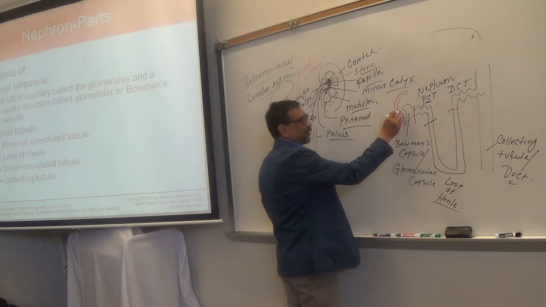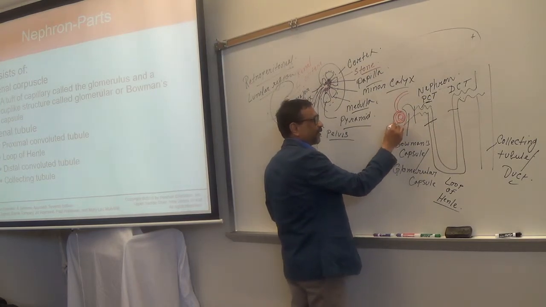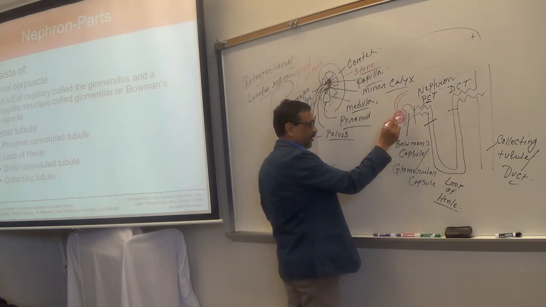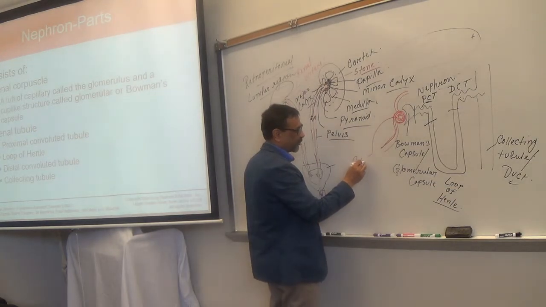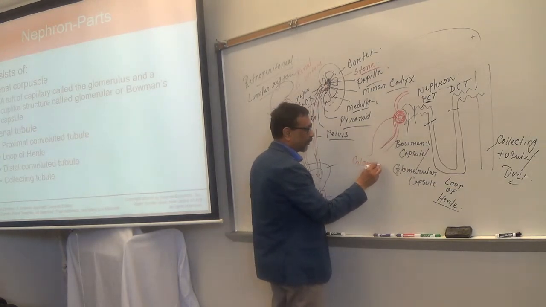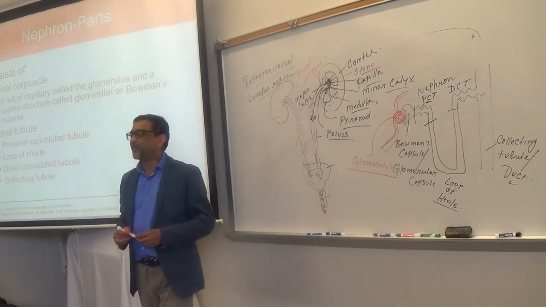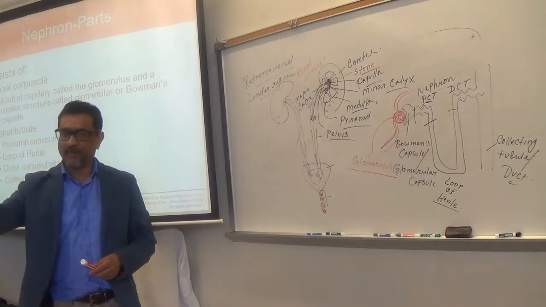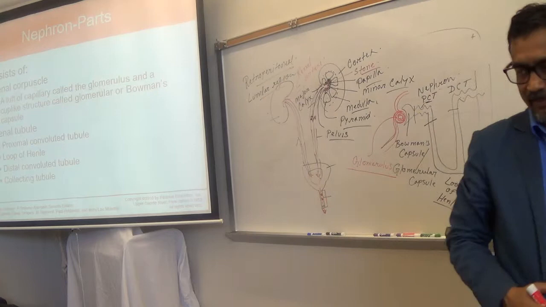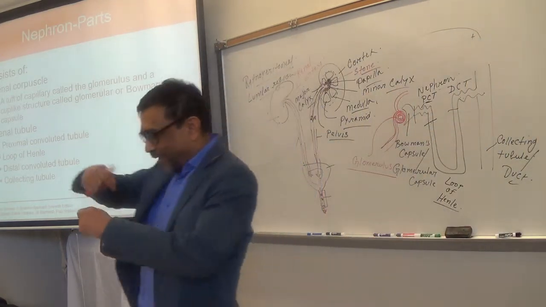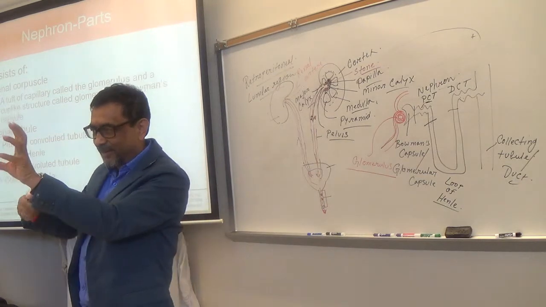So you see here, this is a capillary structure, and this capillary structure is called the glomerulus. A tuft of capillary or ball of capillary is called the glomerulus. If you take a capillary and coil it like this, that will make a ball, that is called glomerulus.